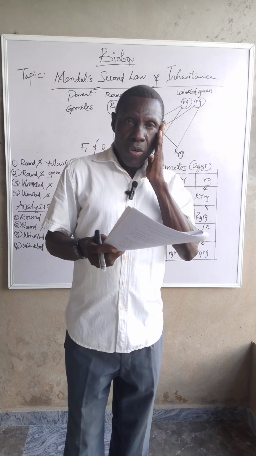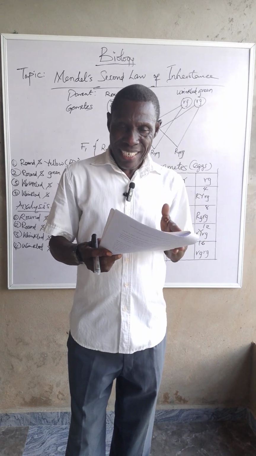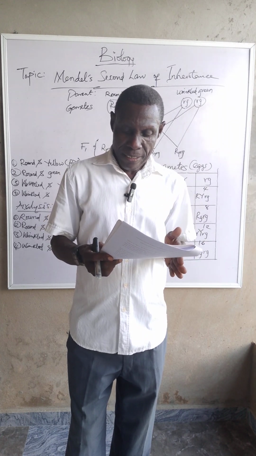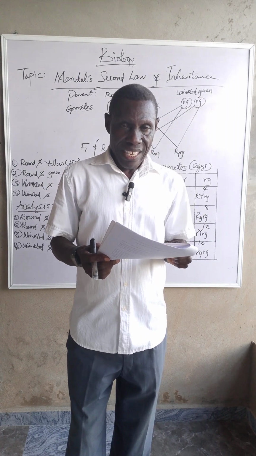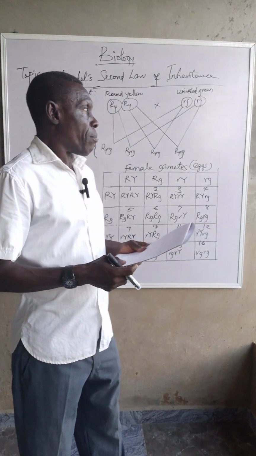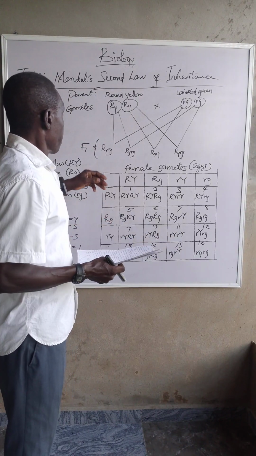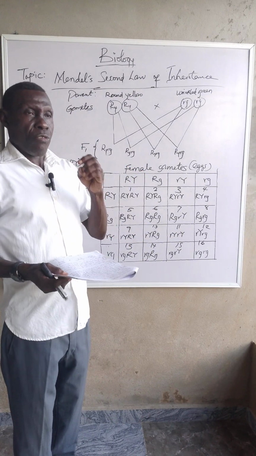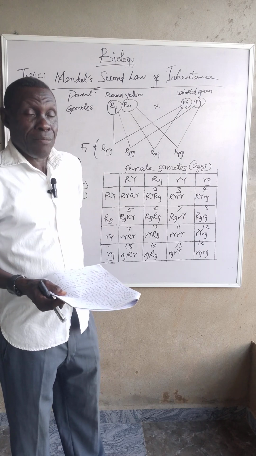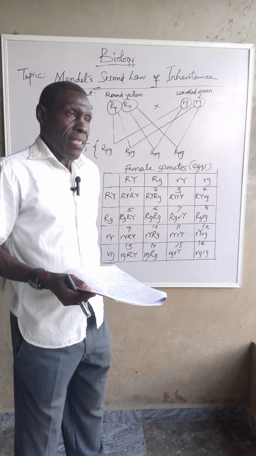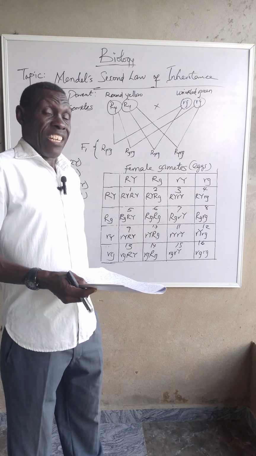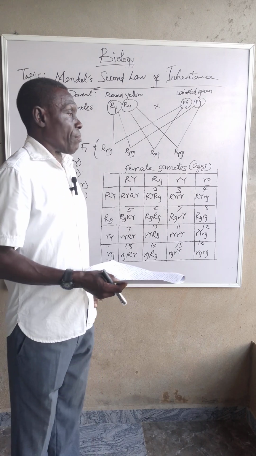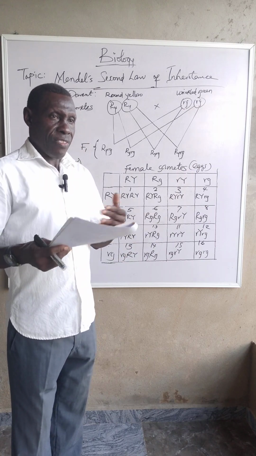So Mendel's work can be represented by letters, that is alphabets, and their explanations as follows. Now look at the board here. Earlier on, I told you that Mendel used the garden pea plant for his experiments, and I told you the reasons why he decided to use the pea plants.